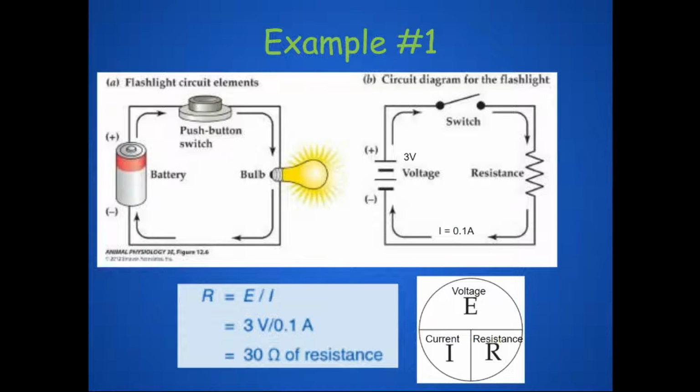Using the formula R equals E divided by I, we're going to draw this as 3 volts divided by 0.1 amps equals 30 ohms of resistance.